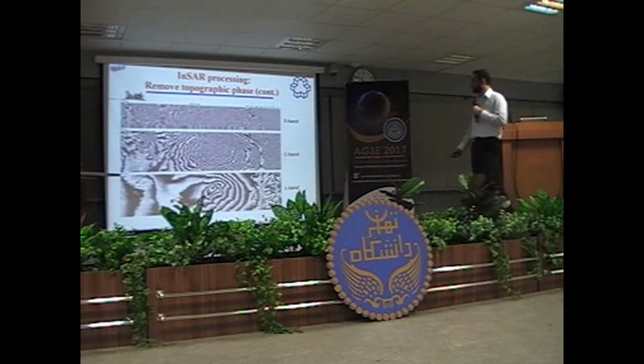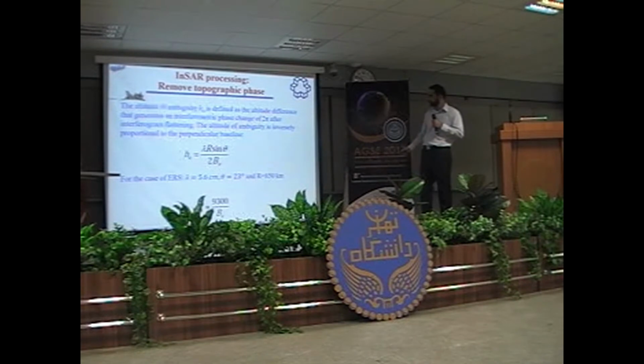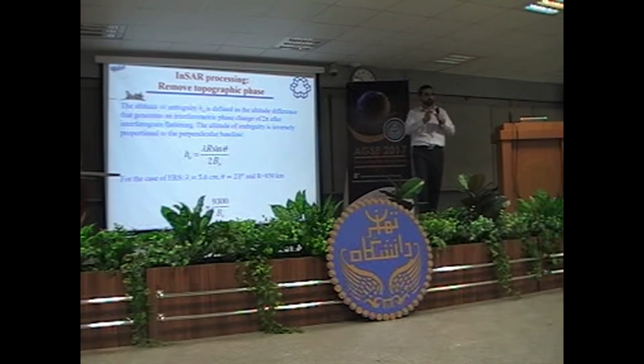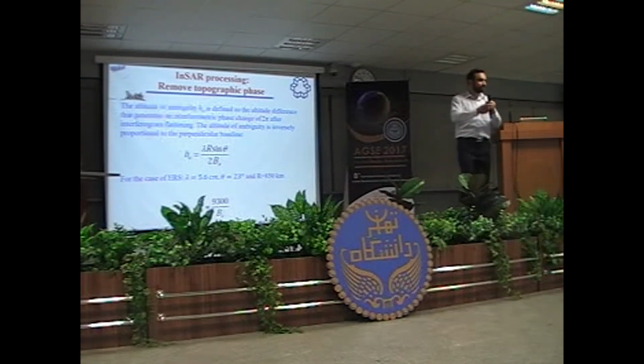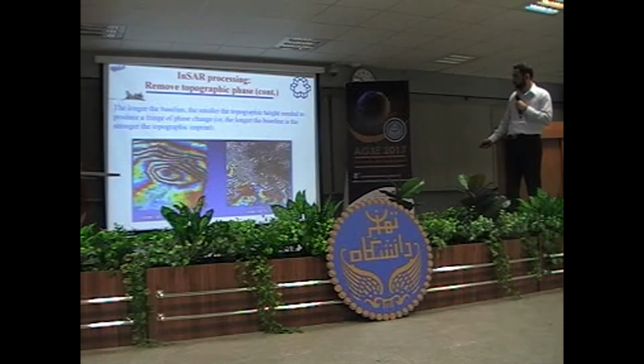And also here is showing the effect of wavelengths. As you see in the equation, wavelength is also an influencing parameter, not only the baseline but also the wavelength. So if we increase or decrease the wavelength, we can also have a different amount for the height of ambiguity, as you see in this image.